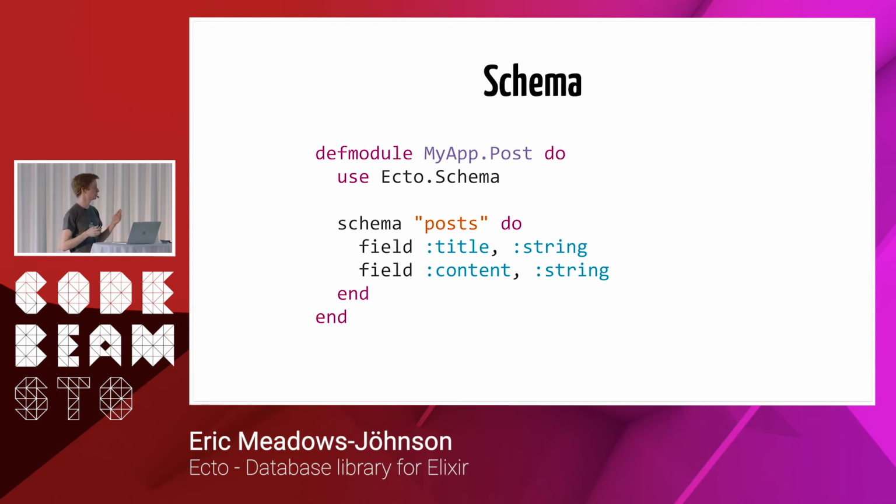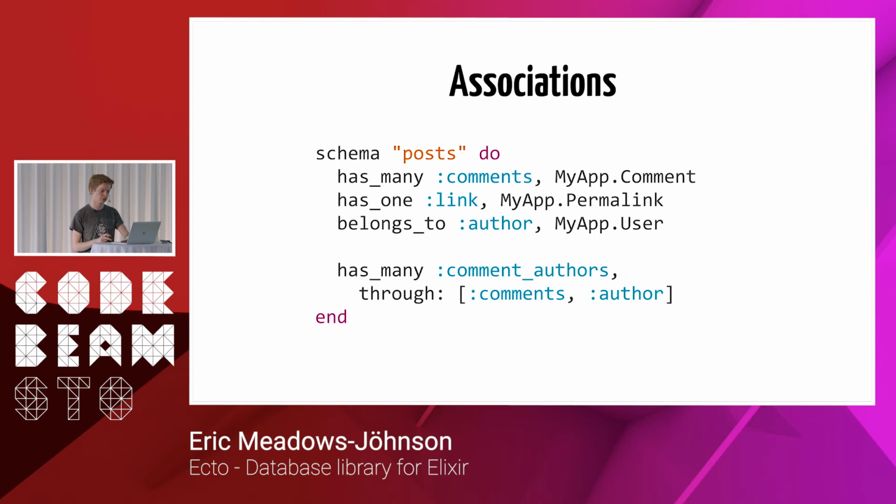The schema macro here will define a struct with fields that map to these names, and it will define some metadata that we will later use for things like type checking and so on. The schema will also automatically create a field for the primary key, but this can of course be disabled if you want.